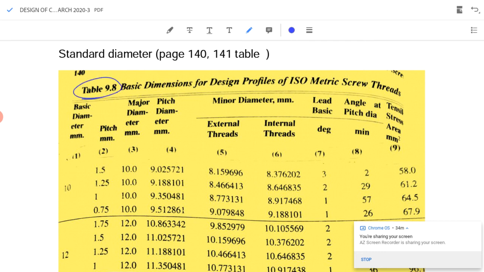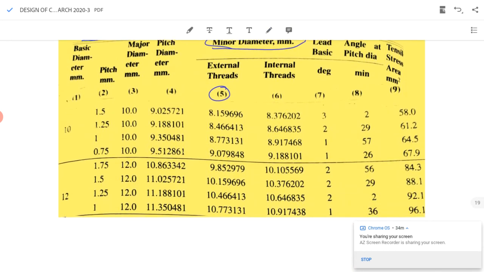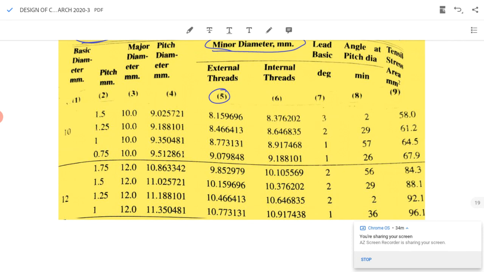You can refer to that. Here minor dia for external thread is given in column 5. So we cannot find any values on page 140. Moving to page 141, the values for 10 and 12 are given on page 141.